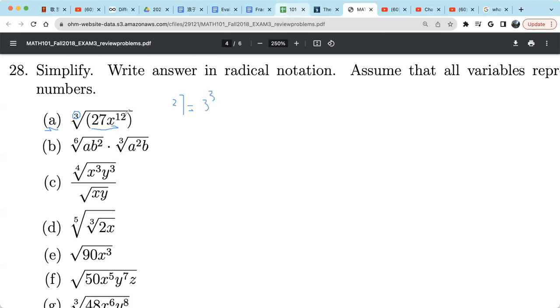And the x raised to 12, that's perfect, because 12 is a multiple of 3. 12 divided by 3 is 4. So what's the answer for this? The answer for this will be 3 and the x raised to 4.